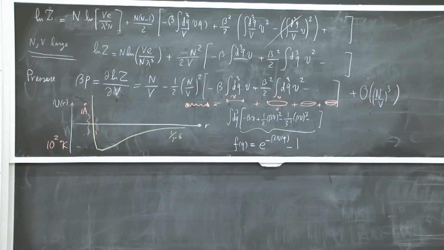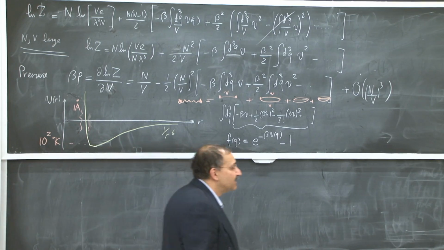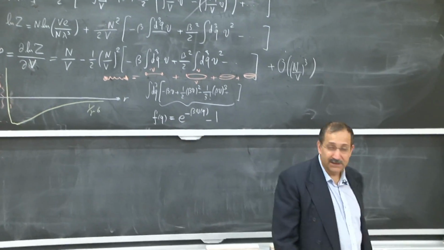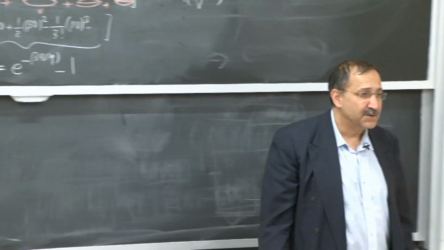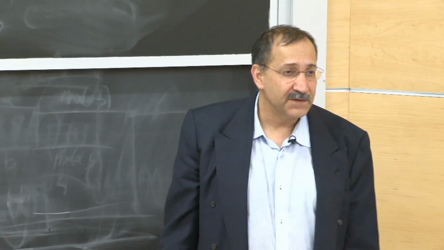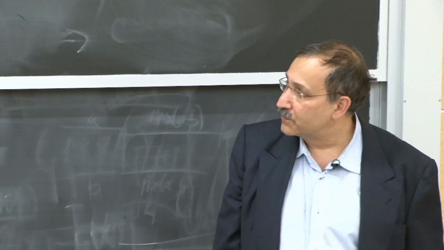Okay? So if I were to, in fact, add up an infinite number of terms in the series, rather than having to integrate v squared, v cubed, each one of them is divergent, I have to integrate this f of q.